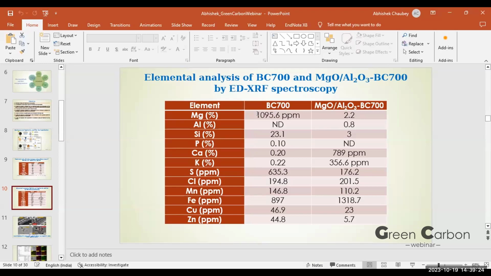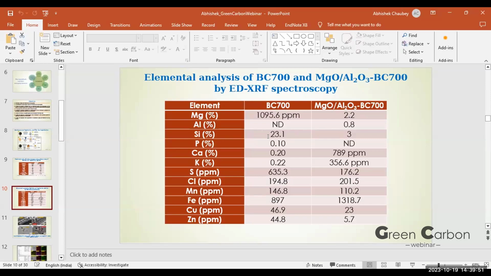So the first one is in ppm; if you convert the ppm to percentage, it will be 0.1 percent to 2.2 percent for magnesium. The aluminum concentration also increased from not detected to 0.8 percent. Similarly, silicon got reduced.